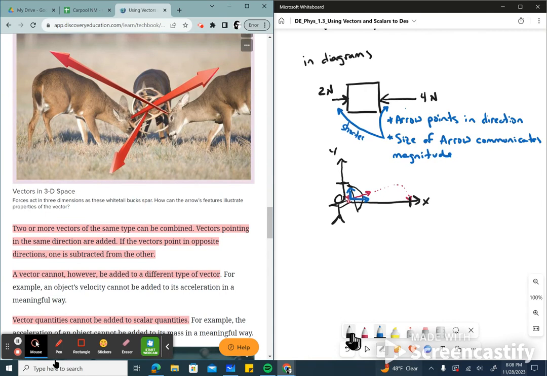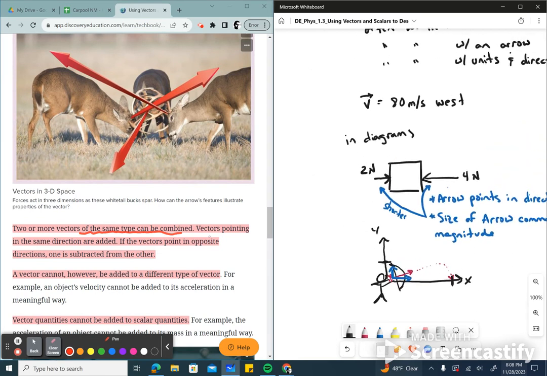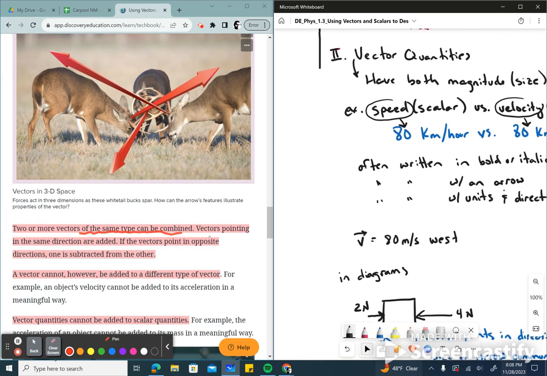And let's also make a point here. Two or more vectors of the same type can be combined. That's the key, an important part. Of the same type can be combined. How do we want to do this here?